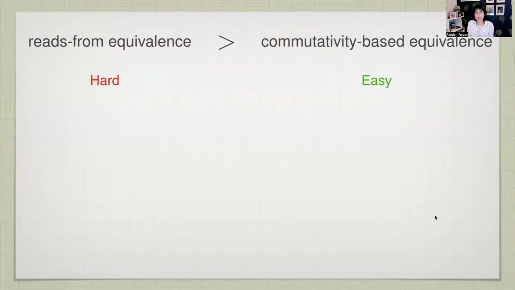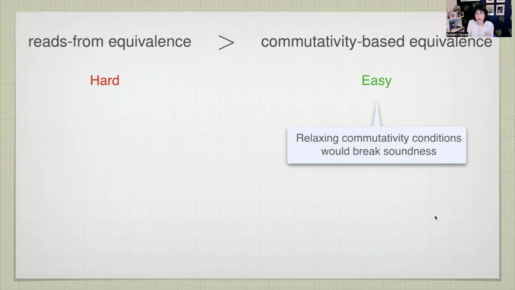Now, this presented us with this picture: folklore told us commutativity-based equivalence is easy. We proved that doing the same thing based on reads-from equivalence is hard, which naturally asks the question: that's the largest sound relation you can have, and this is a sound relation that people have worked with in the past.